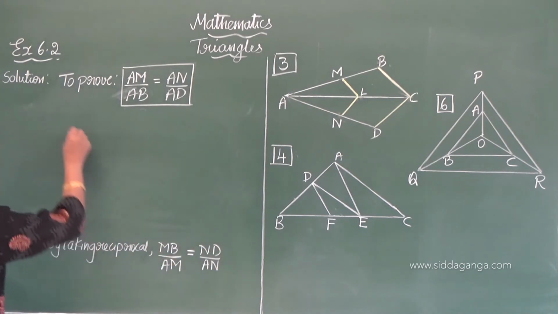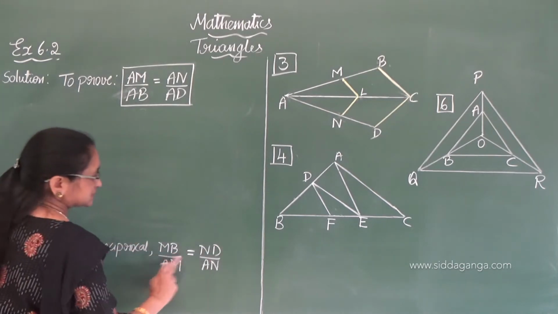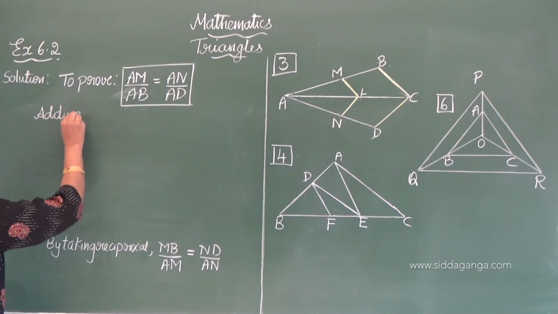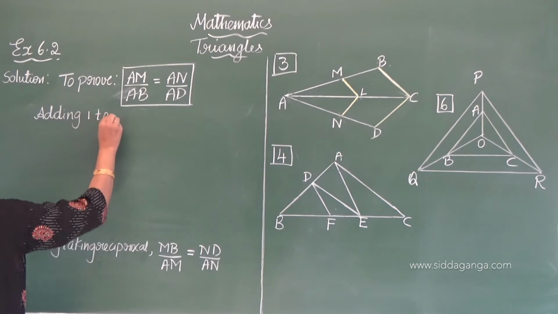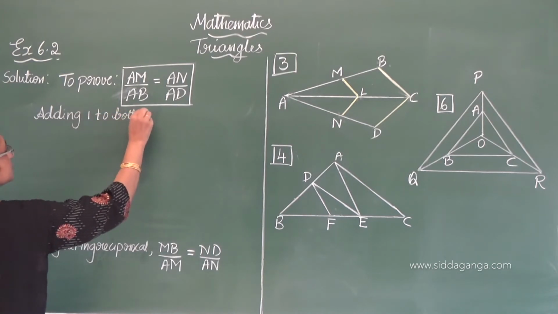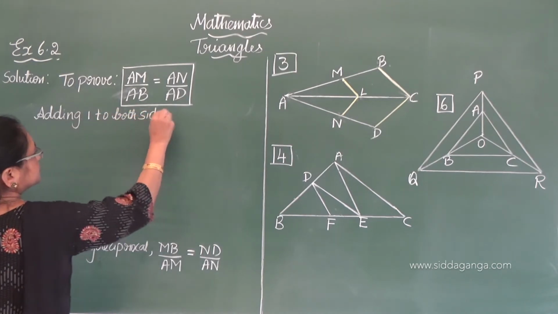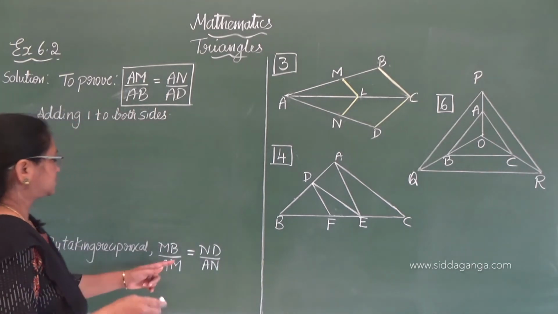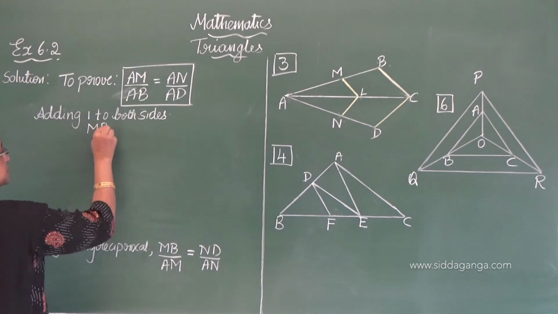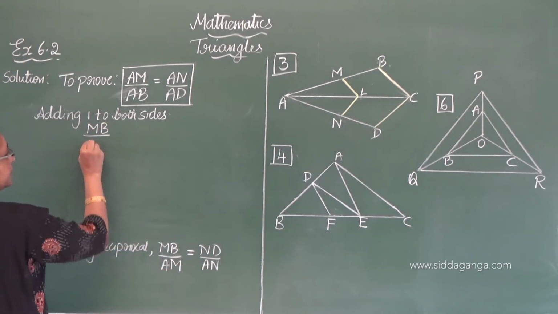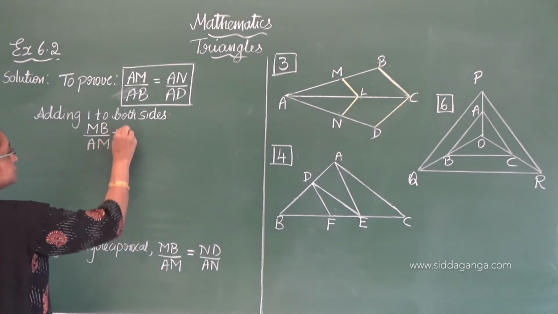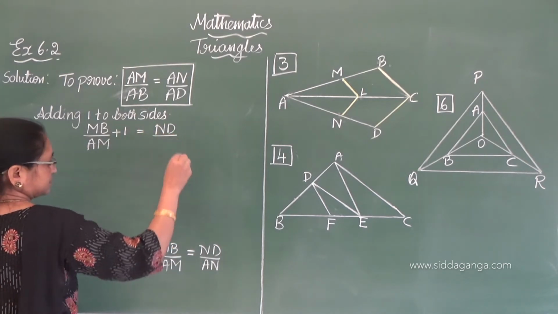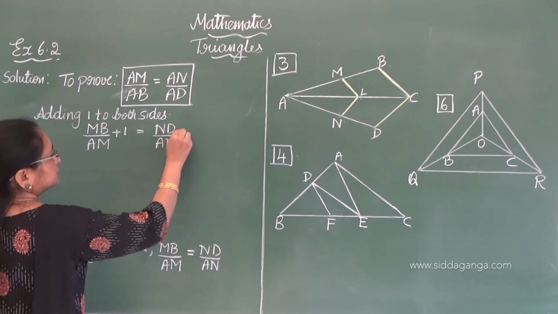For this I am going to add 1 to both sides. When I was doing the corollary, I hope you can recall it, I did these steps. Adding 1 to both sides, we get MB by AM plus 1 is equal to ND by AN plus 1.